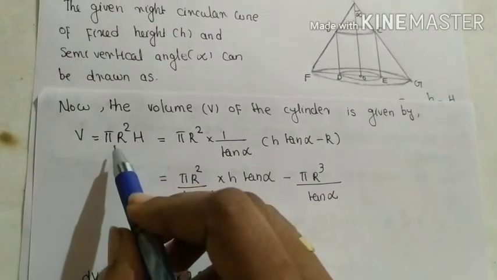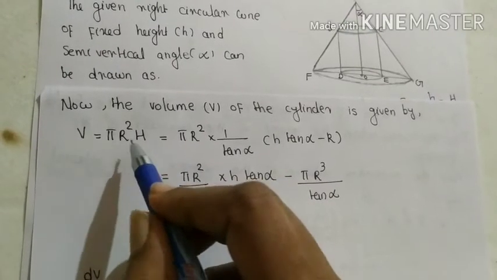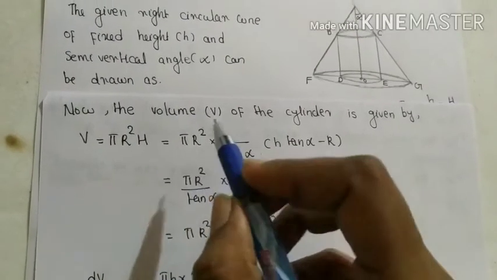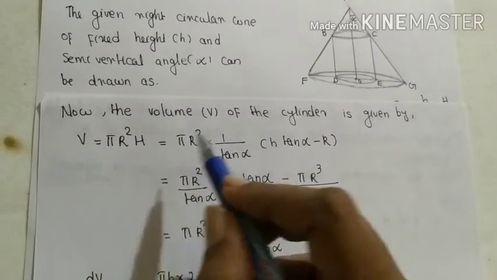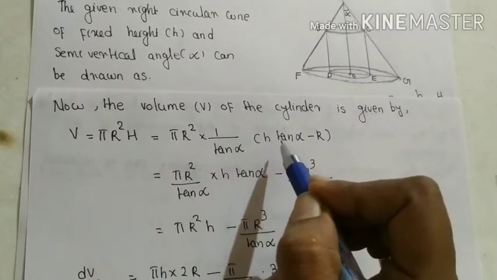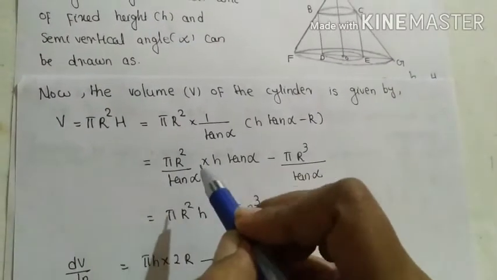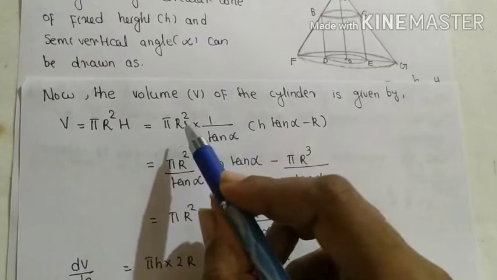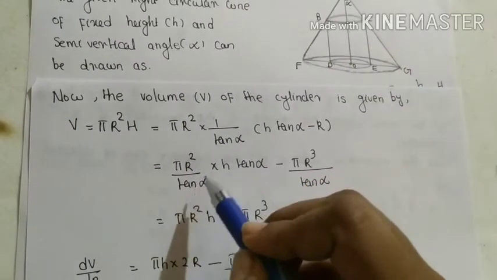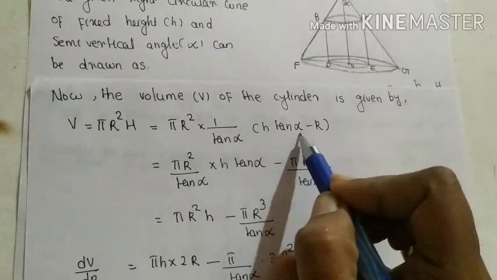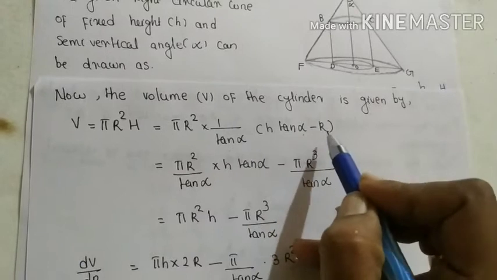So V is equal to pi R square into H, replacing H by 1 by tan alpha into (h tan alpha minus R). On opening this bracket, we get pi R square by tan alpha into h tan alpha, minus pi R square into 1 by tan alpha into R.